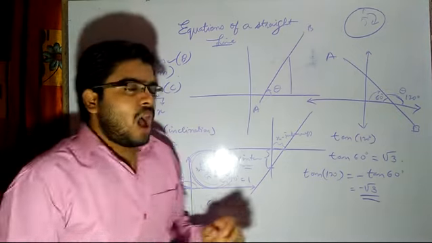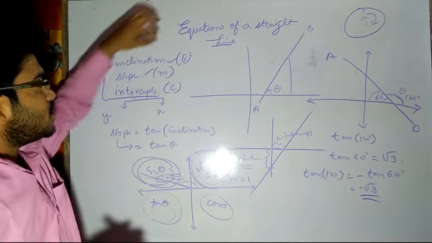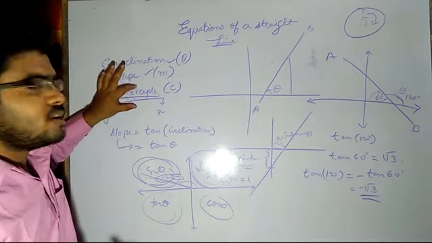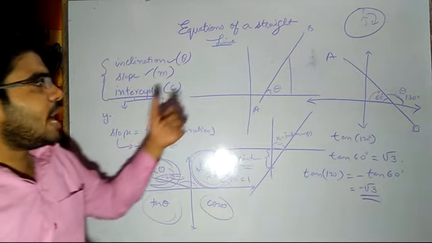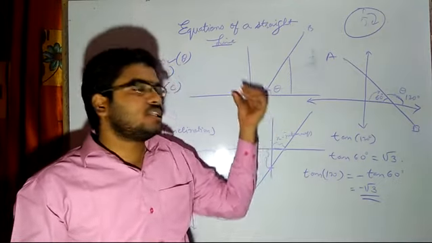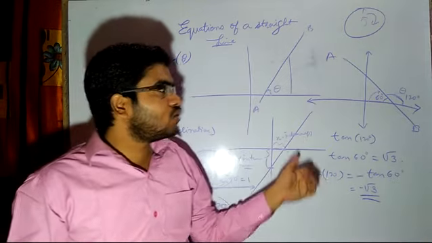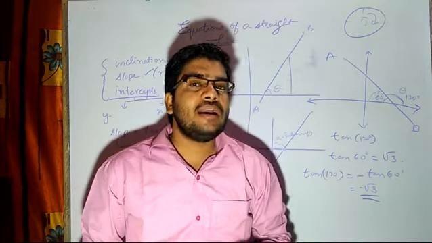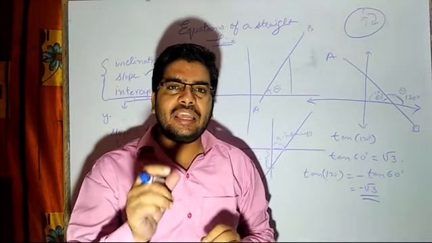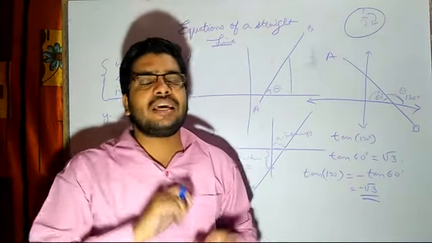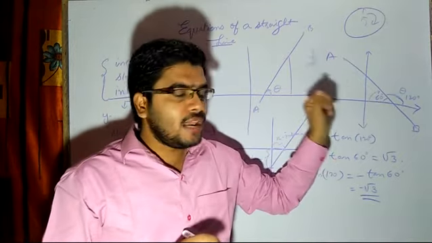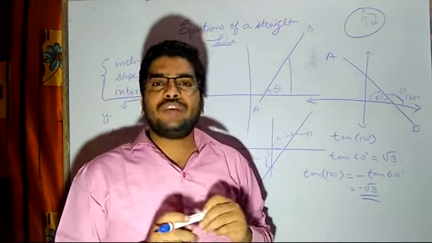I hope I have made it clear what the meaning of inclination is, what the meaning of slope is, what the meaning of intercepts is, how to calculate the slope, how to consider the inclination, and how to find it if we have inclination more than 90 degree. If we have inclination equal to or less than 90 degree, we can find the values by using the table which we have learned.